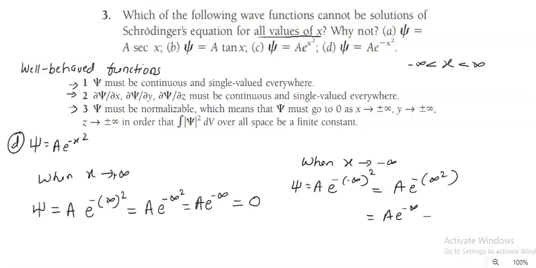So this is also equal to 0. So here, as x tends to plus or minus infinity, psi is equal to 0. So the psi can be normalizable. Okay. So this wave function is a solution of Schrödinger equation.